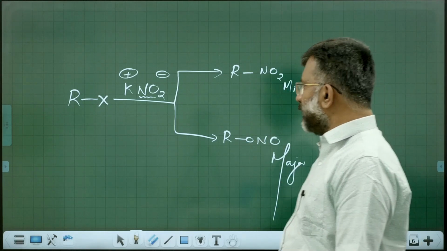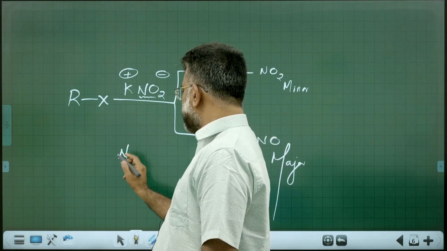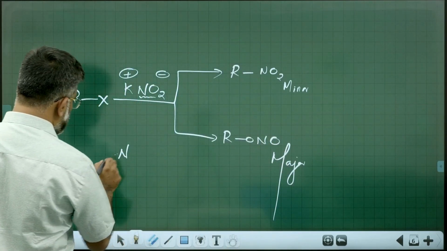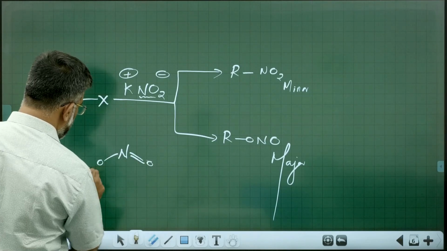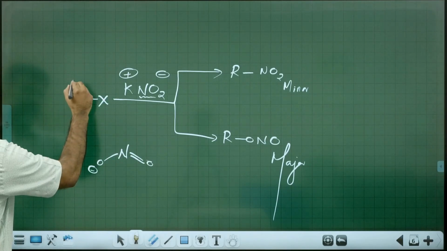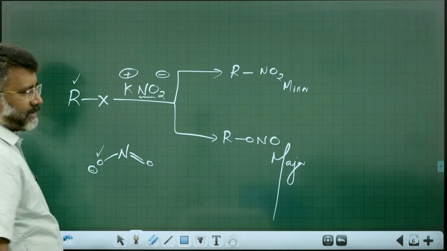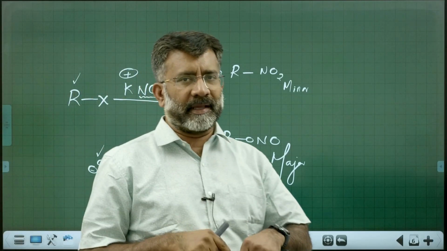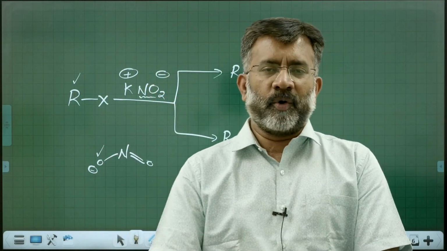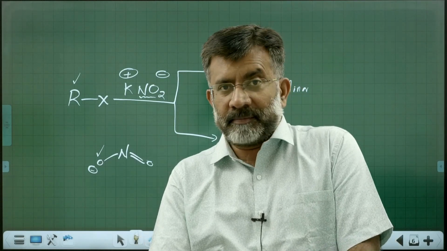Why? Because the nucleophile is freely available. It is available like this, and carbon prefers to bind with oxygen. Carbon-oxygen bonding is more preferred over the carbon-nitrogen bond.